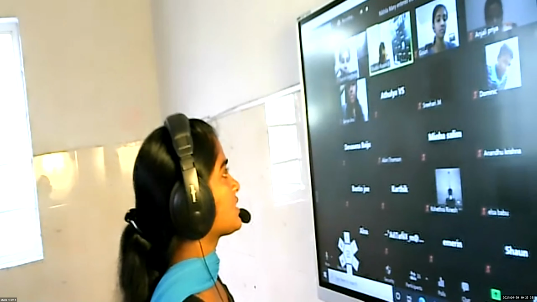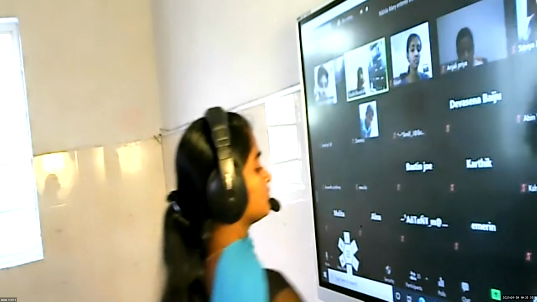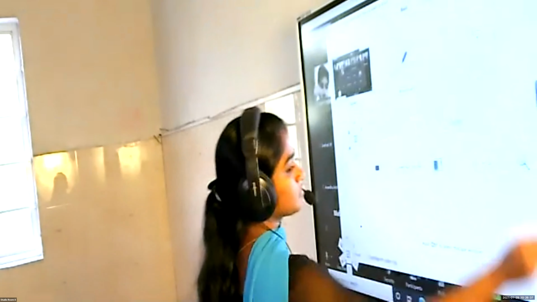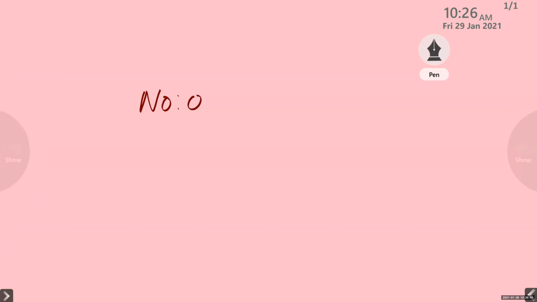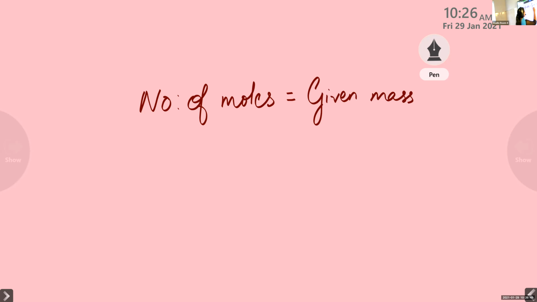Number of moles is given mass by molar mass. Very good. Number of moles is equal to given mass by molar mass. Given mass is the mass given in the question.